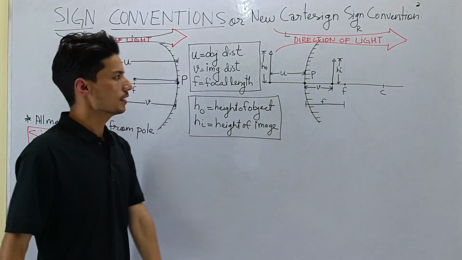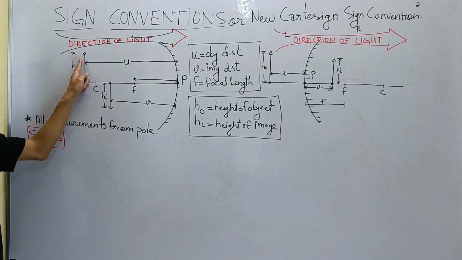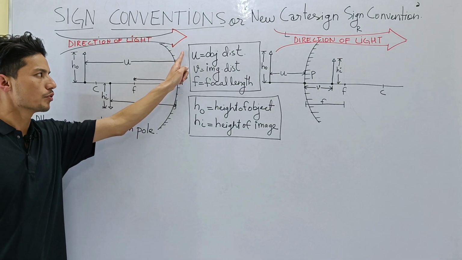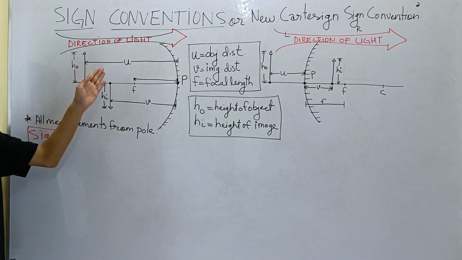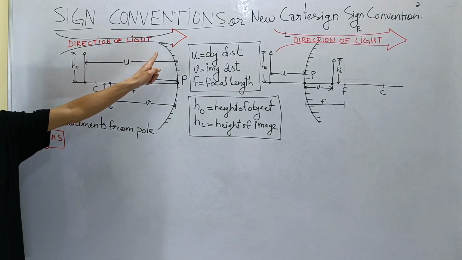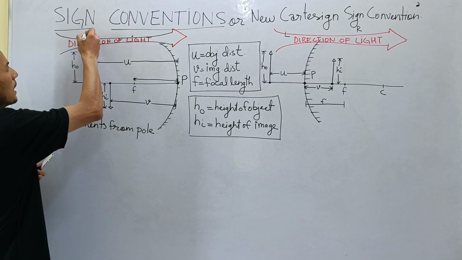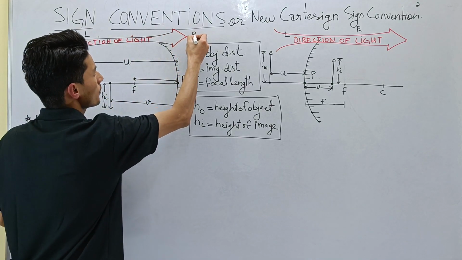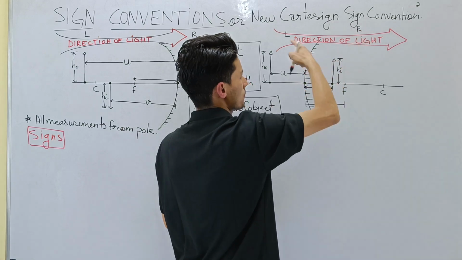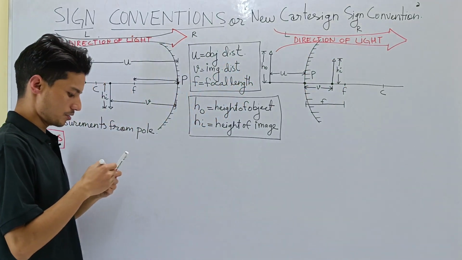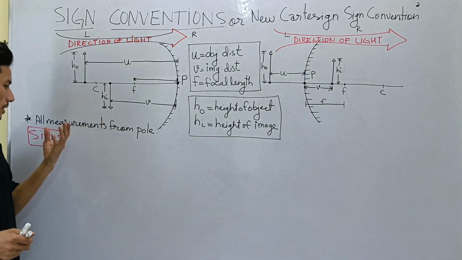Or you can also understand it like this: the direction of light is from left to right. Same thing here, left side is not right side, so left to right. All right, so now that the direction of light has been shown, now let us start.